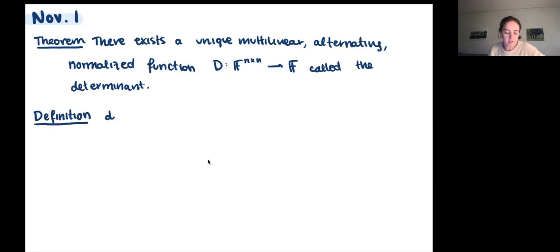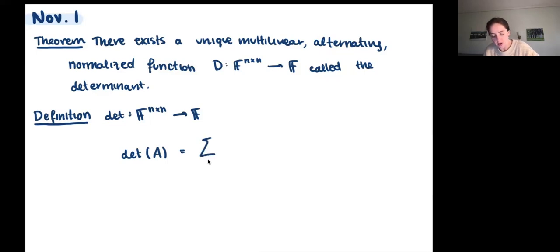We defined a function called det from F^(n by n) to F, taking a matrix A and sending it to the following element of F. We take a sum over all permutations sigma of n elements, of the sign of sigma, times the product as i goes from 1 to n of the entry of A in the ith row and sigma of i column.